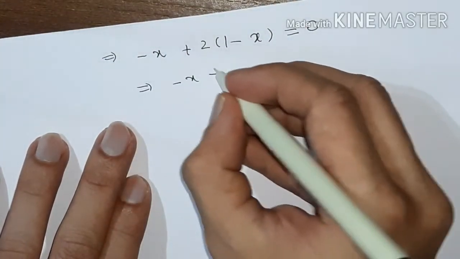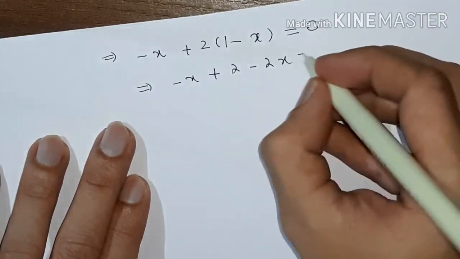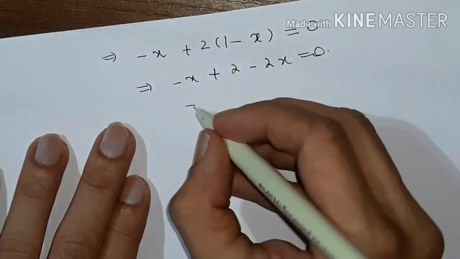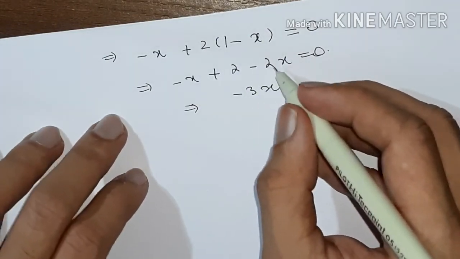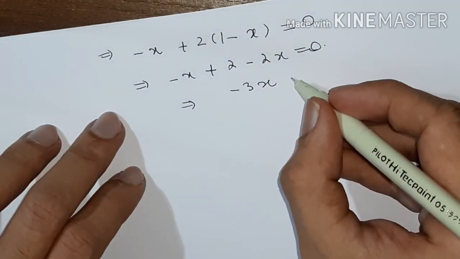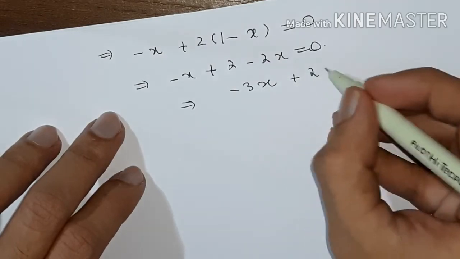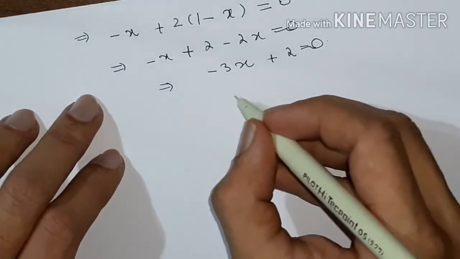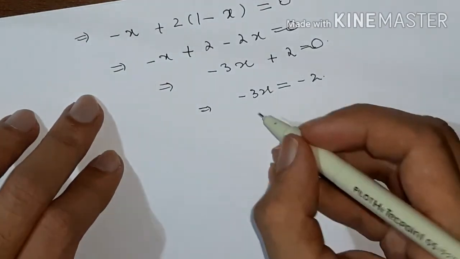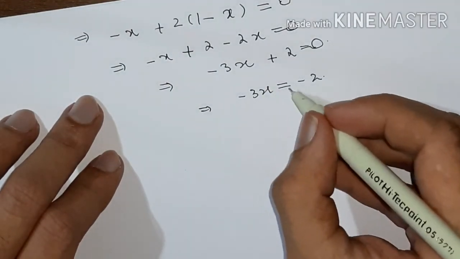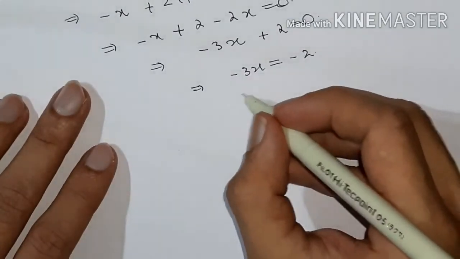So that means minus x plus 2 minus 2x equal to 0, right? So that means what? Minus x minus 2x is minus 3x, right, plus 2 equal to 0. So that means minus 3x is equal to minus 2.